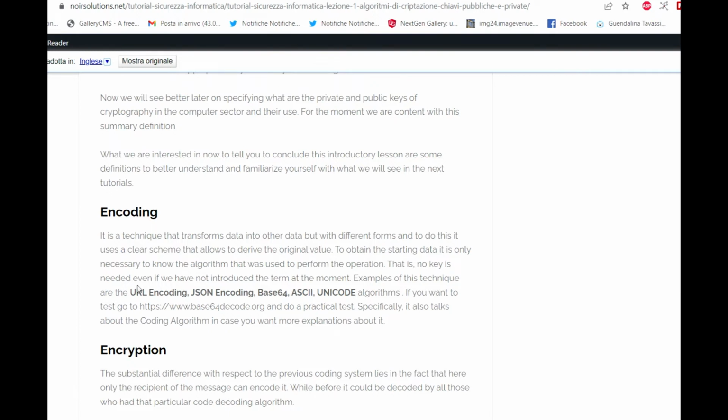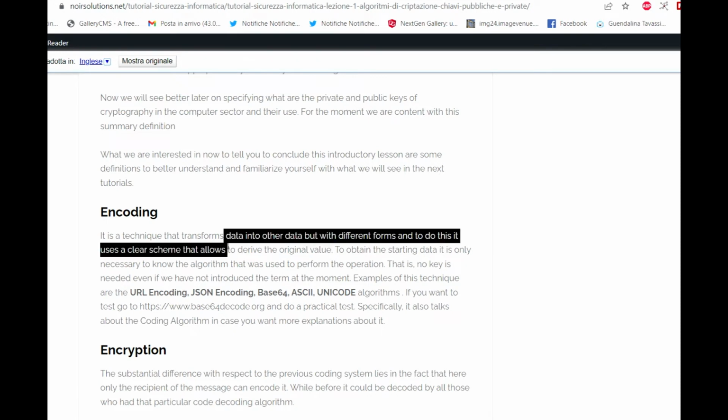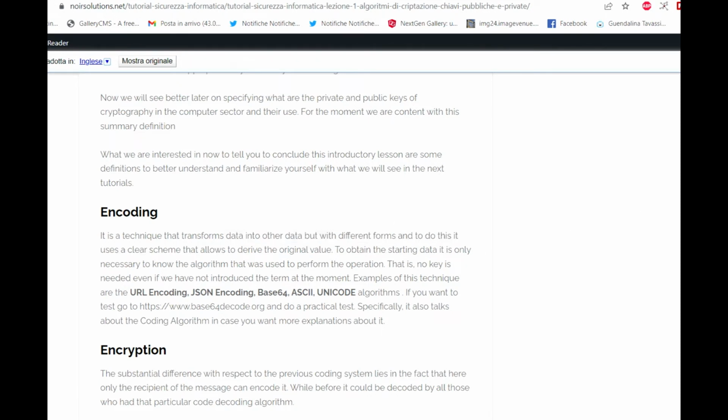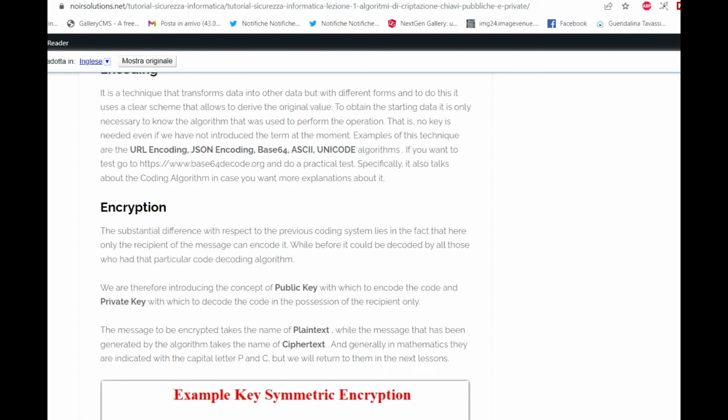Encoding is a technique that transforms data into other data, but with different forms, and to do this it uses a clear scheme that allows you to derive the original value. To obtain the starting data, it is only necessary to know the algorithm that was used to perform the operation.